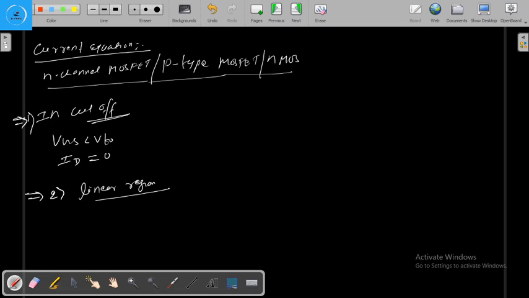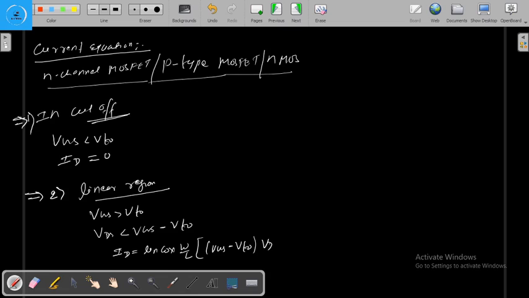For linear region, VGS must be greater than VT naught and VDS less than or equal to VGS minus VT naught, and the current equation will be ID equal to mu n COX W by L, into VGS minus VT naught, into VDS minus VDS square divided by 2.